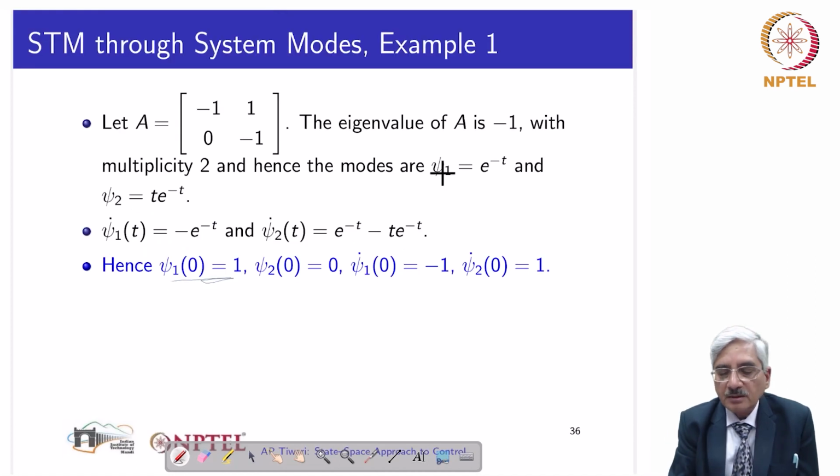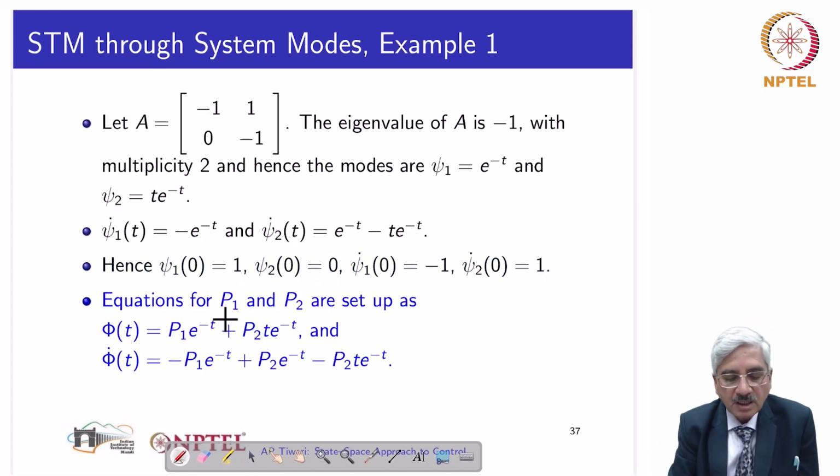Psi 1 at 0 will be 1, psi 2 at 0 will be 0, psi 1 dot at 0 will be -1, and psi 2 dot at 0 will be 1 minus 0, which is 1.